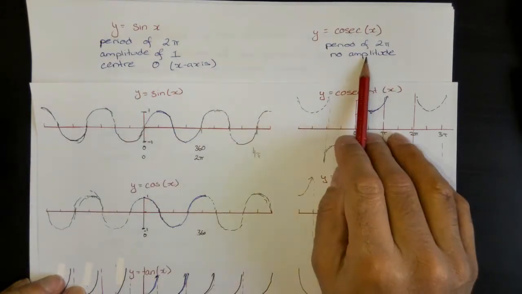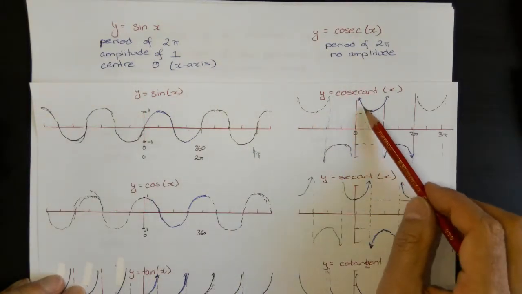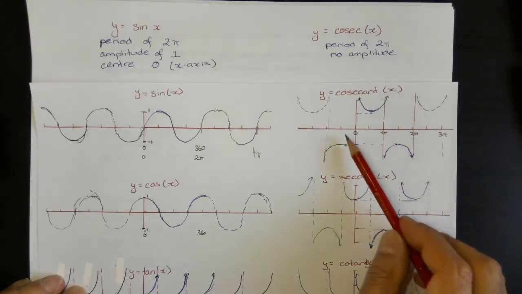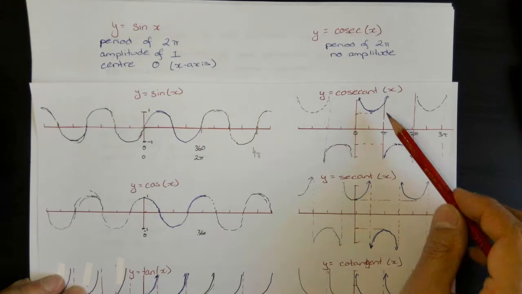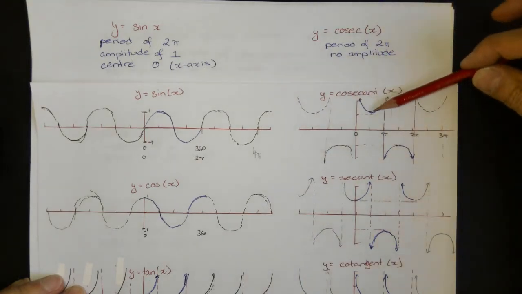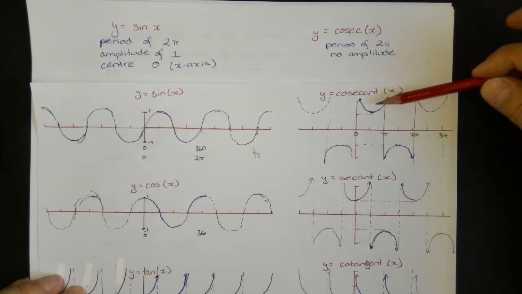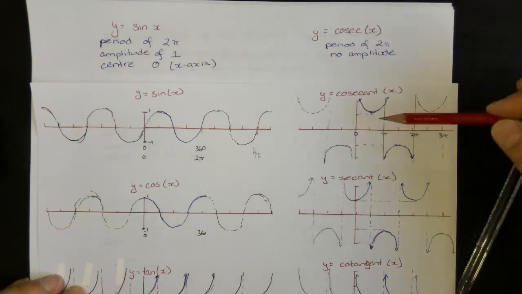Obviously, with its reciprocal, it has a period of 2 pi, so it keeps repeating the same pattern every 2 pi. But it has no amplitude, there is no maximum distance from the center.